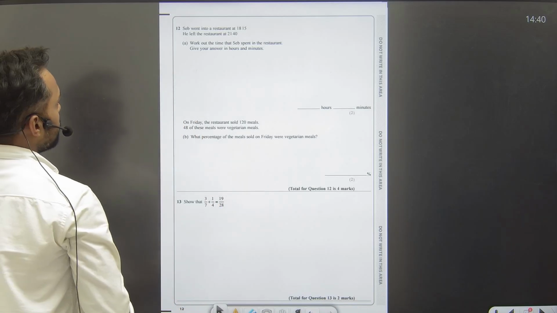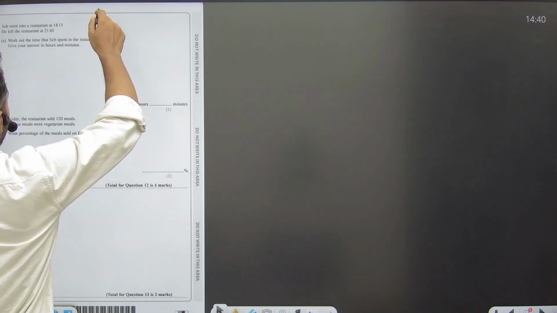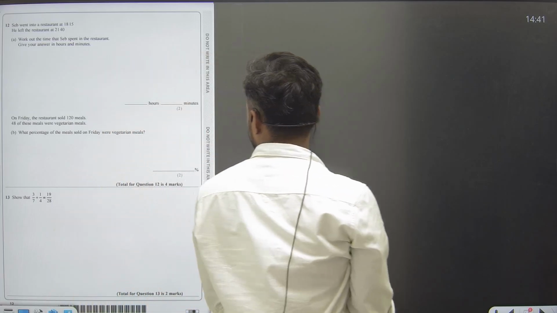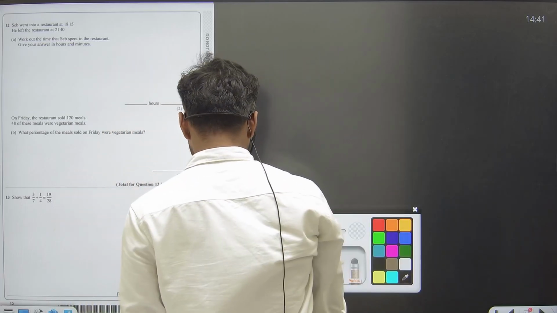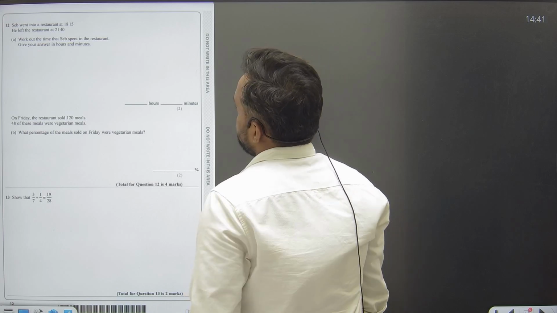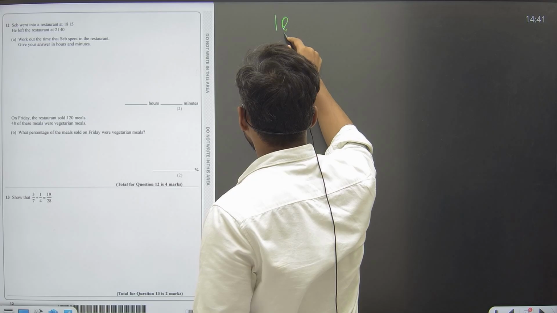Seb went into a restaurant at 18:15. He left the restaurant at 21:40. Work out the time that Seb spent in the restaurant. Give your answer in hours and minutes. Seb went into the restaurant at 18:15.